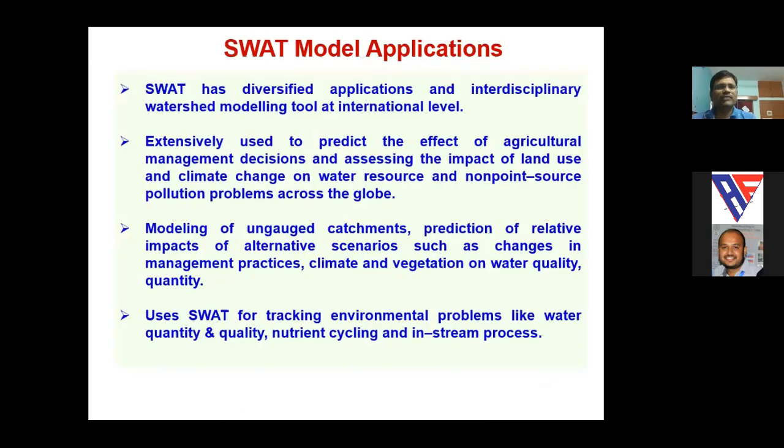SWAT has many wide, diversified applications at interdisciplinary level, at national and international levels. SWAT can be used extensively to predict the effect of agricultural management decisions and to assess the impacts of land use and climate change on water resources and non-point source pollution problems across the globe.